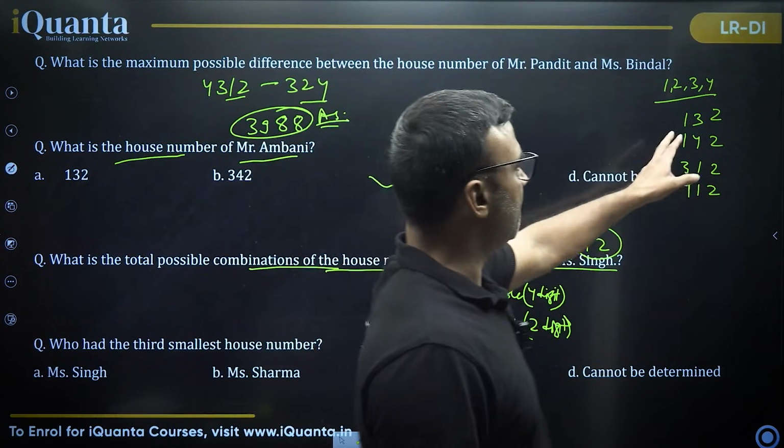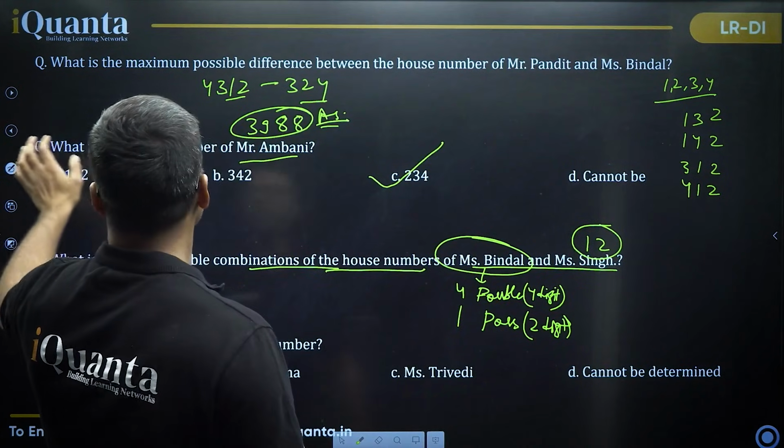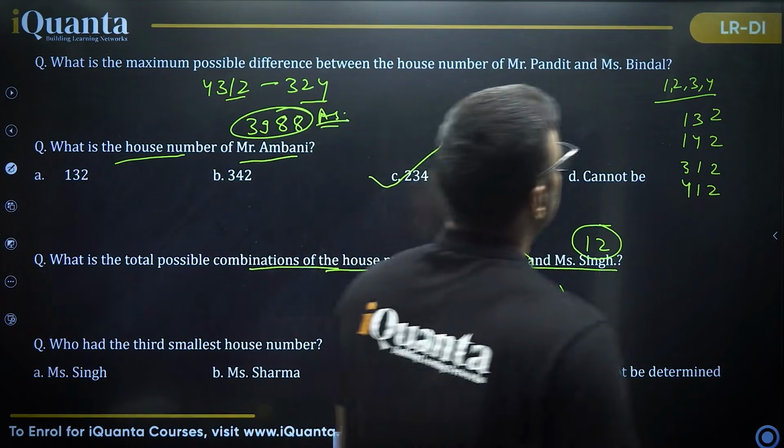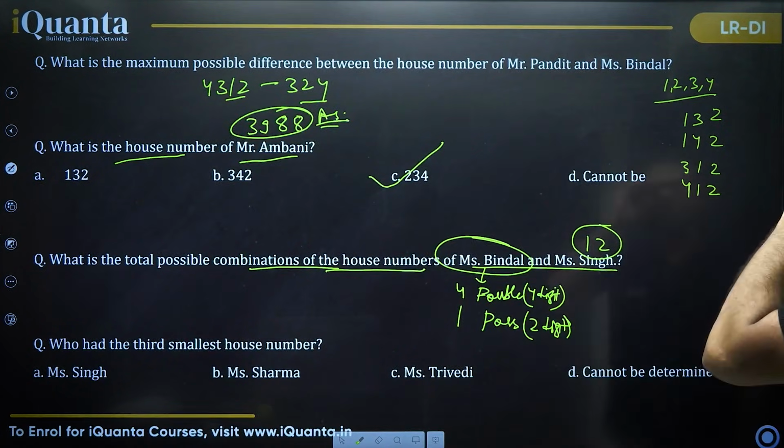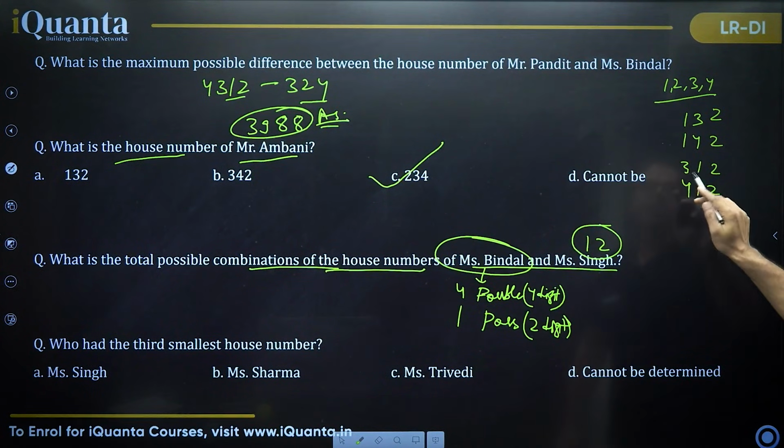Just check carefully, 132. There should be more numbers. If I'm taking 2 at the end, we have taken 1, 3, 3, 1, 1, 4. Why can't we take 3, 4 also? So 3, 4 and 4, 3.